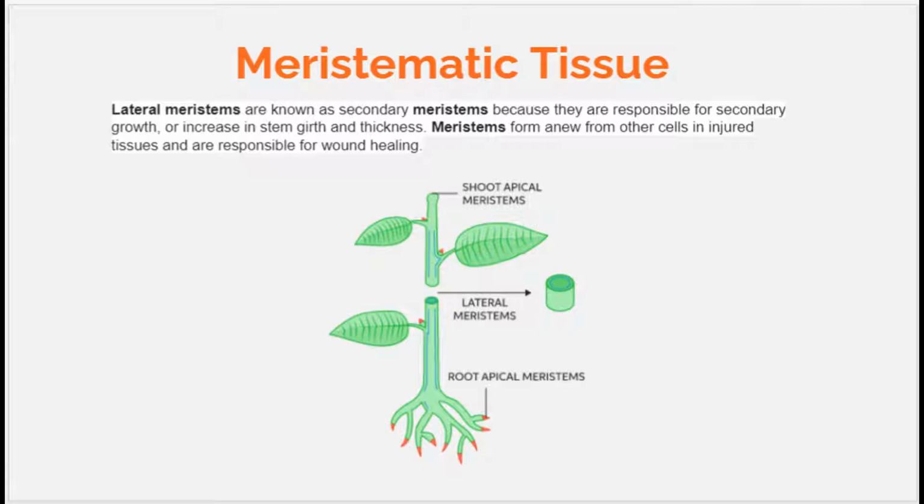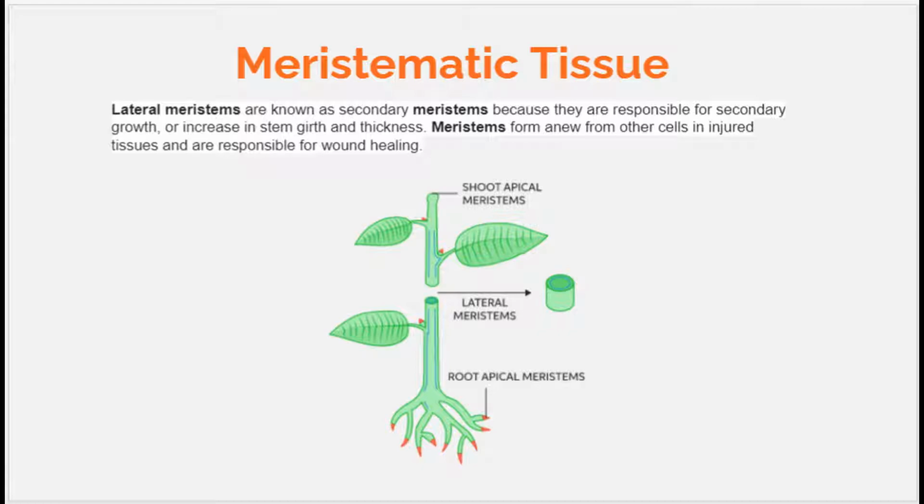It is present along the sides of the longitudinal axis of the plant. It gives rise to the vascular tissue. About vascular tissue, in the future parts, in other tissue videos, we will study. Vascular tissue is another type of tissue which we will explain afterwards.